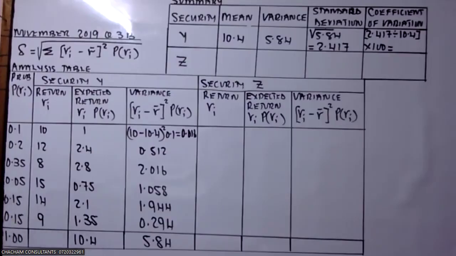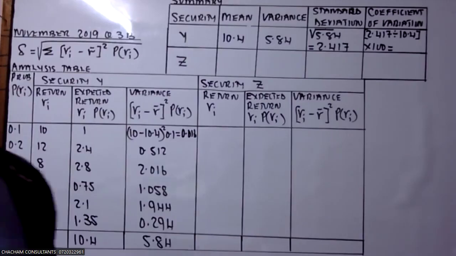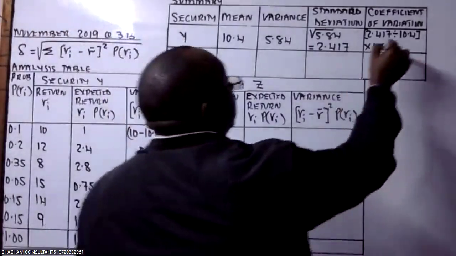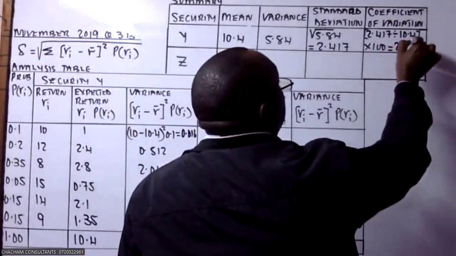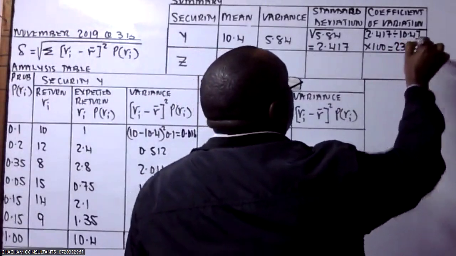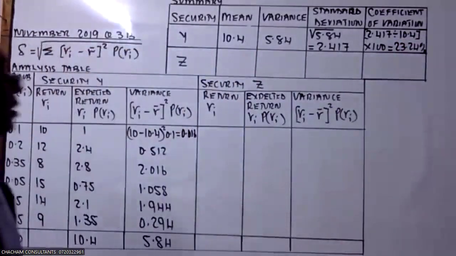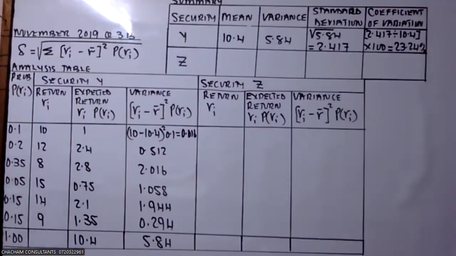That gives you the coefficient of variation. 23.24%. 23.24%.